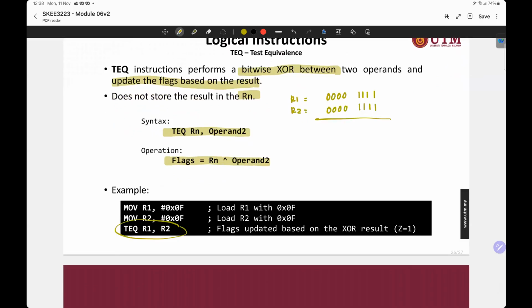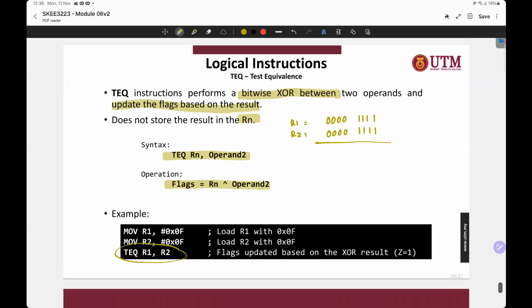What happens here is you do a logical exclusive OR between these two registers. Exclusive OR says that if both inputs are the same, the output will be 0, and if the inputs are different, the output will be 1.